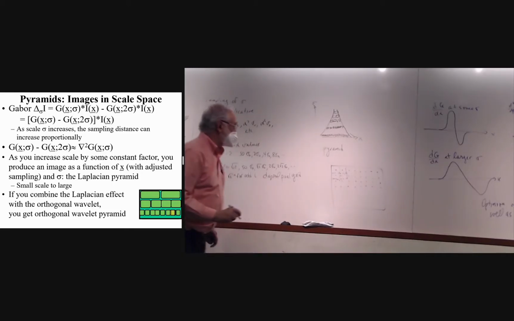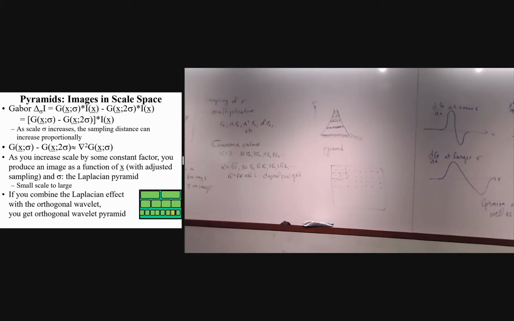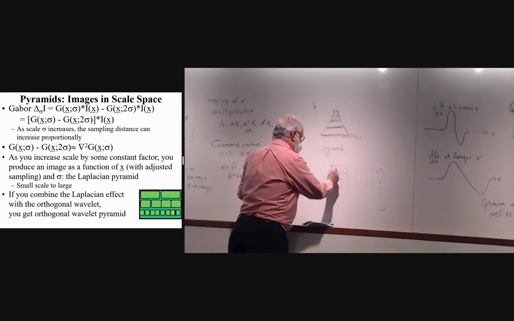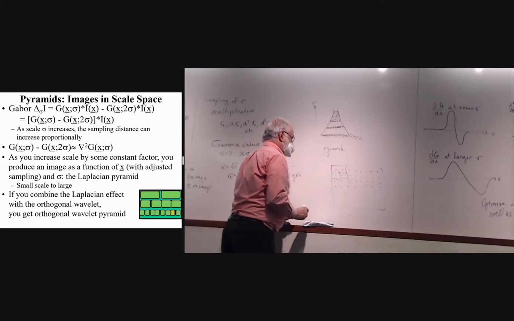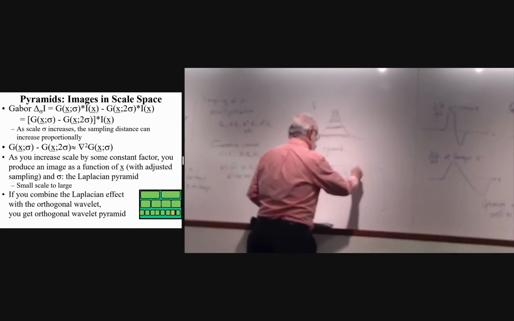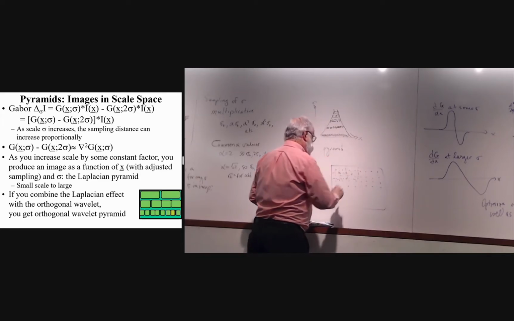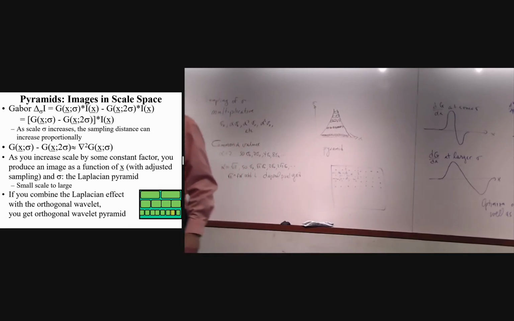The point here is that if you want to cut down by a factor of 2, you're going to want a Gaussian evaluated here, and another one evaluated here. And if this is not the scale of the original image, those x's are also pixel positions.